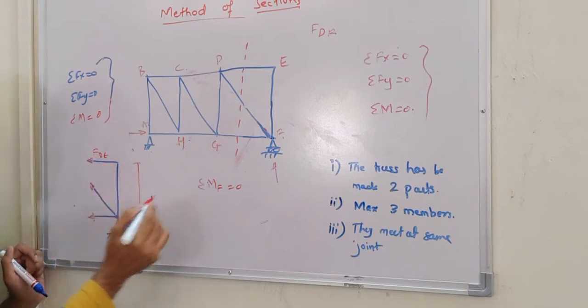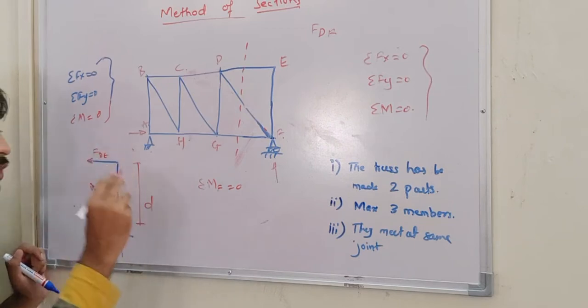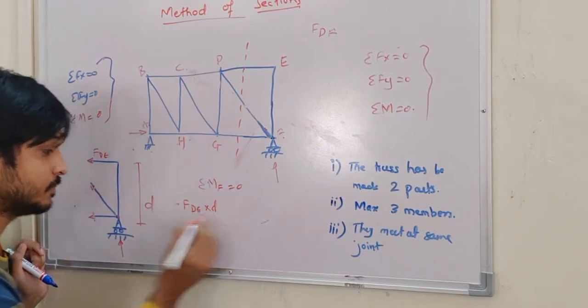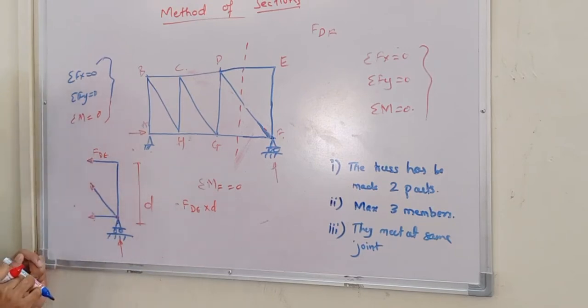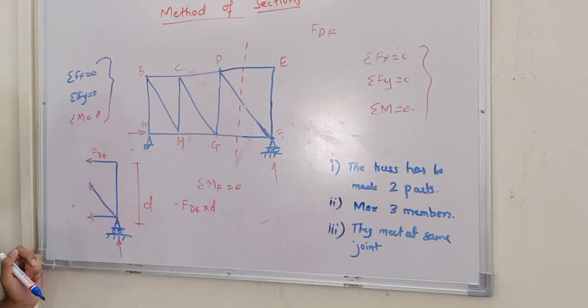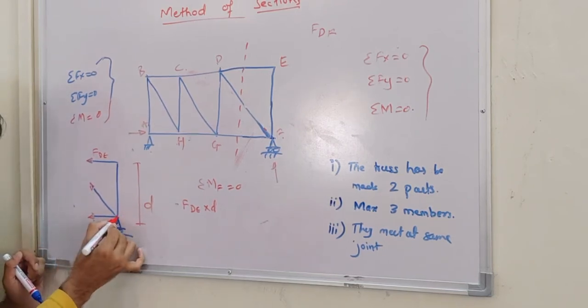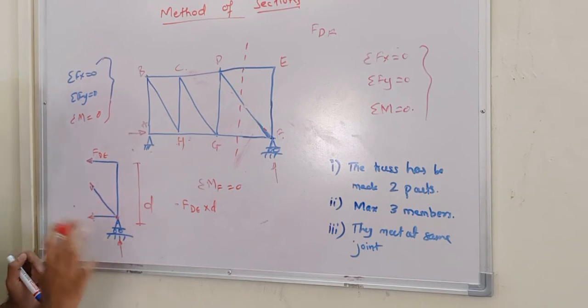This FDE into d is creating an anti-clockwise moment, minus FDE into distance d. Yes or no? And this force is at the same point, and this one is also at the same point only, so they will not generate any moment, right?